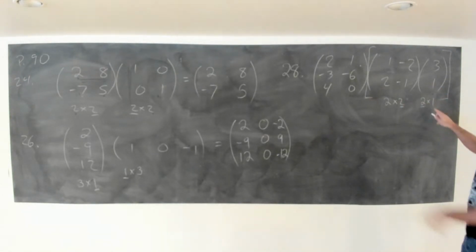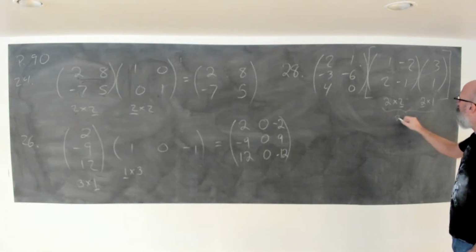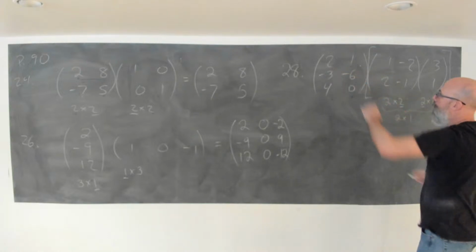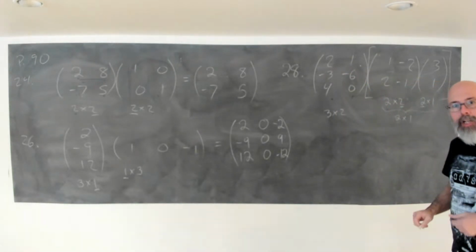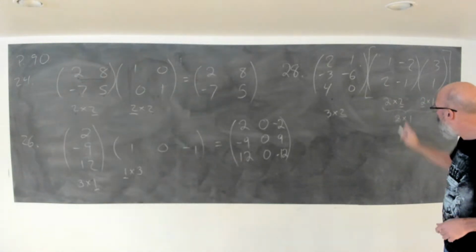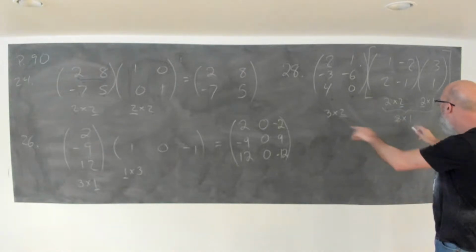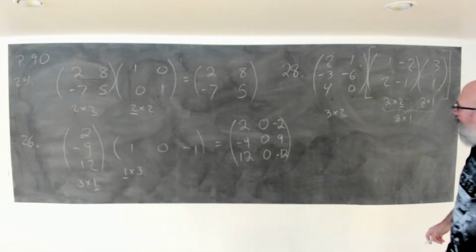Because these agree. And the resulting product will be of size 2 by 1. And then if we multiply it by this, which is of size 3 by 2, that makes sense as well. And then this product is defined because these two agree. And this will result in a 3 by 1 matrix. Absolutely.